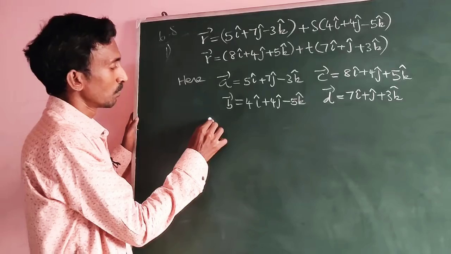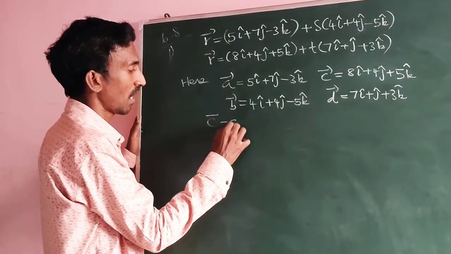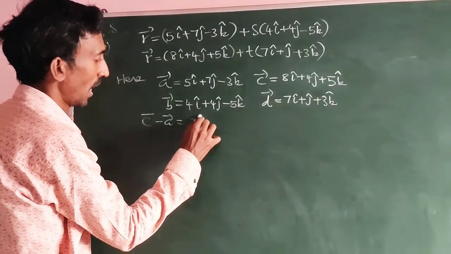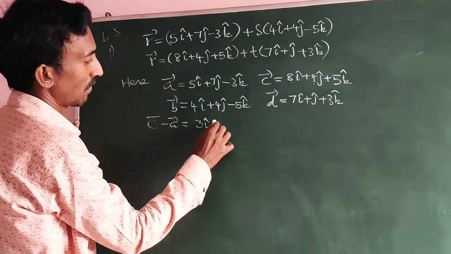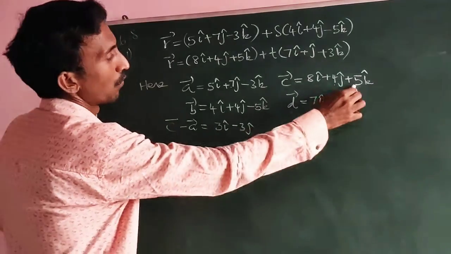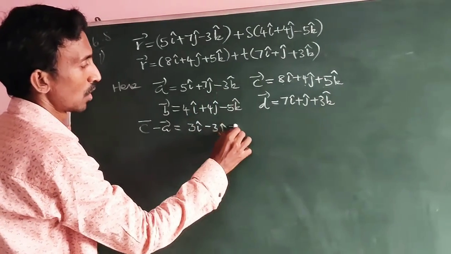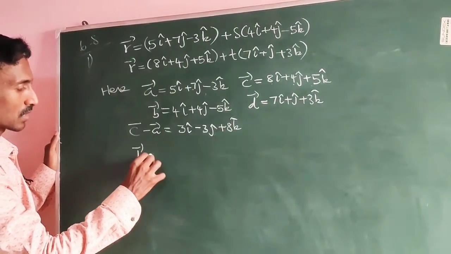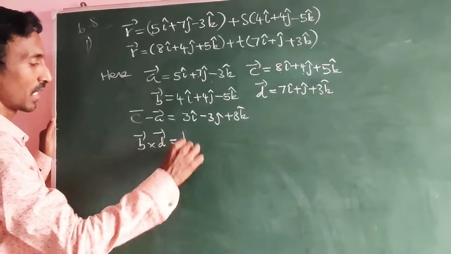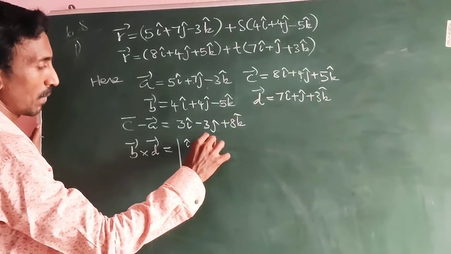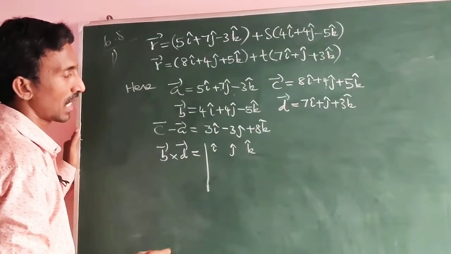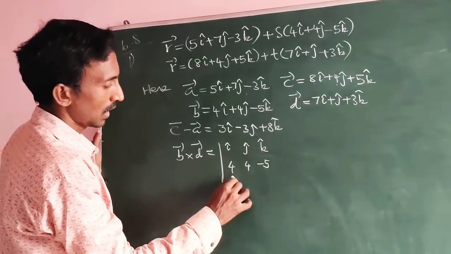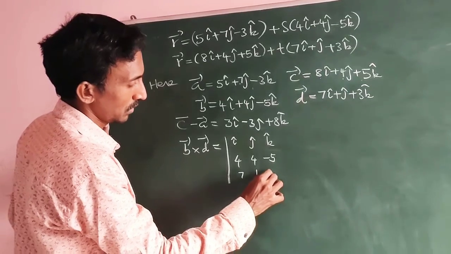First, find c vector minus a vector: 8 minus 5, 3i, 4 minus 7, minus 3j, 5 plus 3, plus 8k. Next, find the cross product of b vector and d vector. As usual, use the determinant method. First row i, j, k, second row 4, 4, minus 5, third row 7, 1, 3.